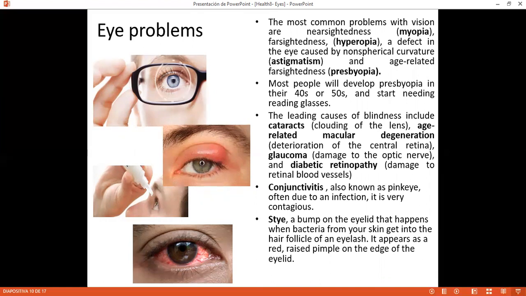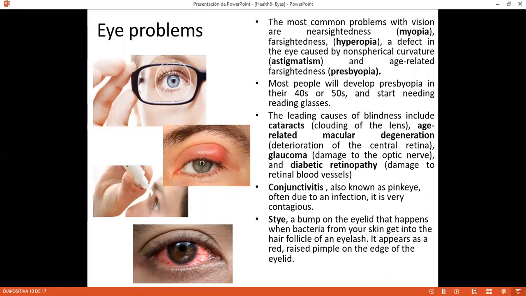So we have what is called presbyopia, and that means that people cannot see objects very well when they are close, especially for reading. That's why, even though you don't have a problem with your vision, once you get older, you need to take some glasses just to read. Most people will develop presbyopia in their 40s or 50s.